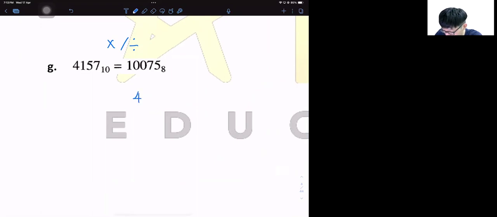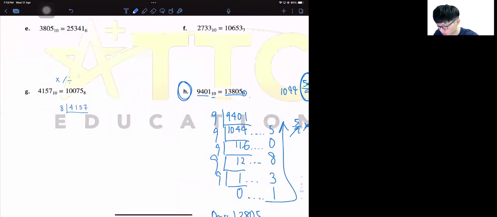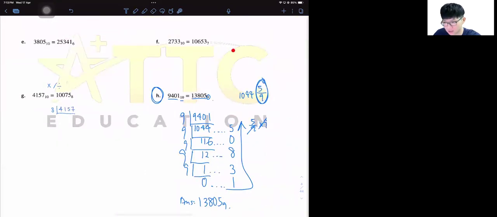This is what you do. 4157. If I want to become base 8, we keep dividing by 8. If I want to change to base 7, then keep on dividing by 7. Again, you don't have to care why you do this. Just make sure you learn the steps, then when they ask you to do whatever, you can do.